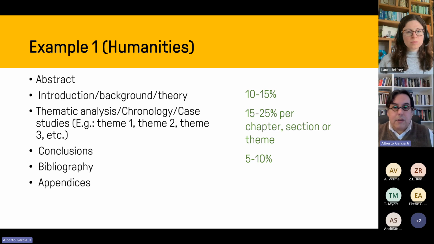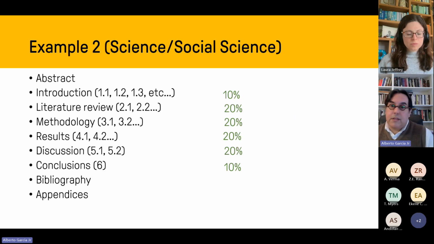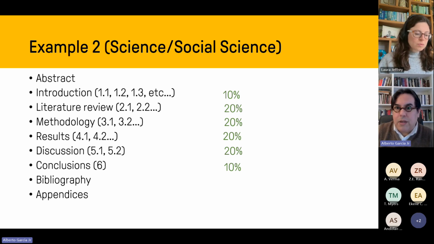Perhaps if we went over to the social sciences or the hard sciences, we see a somewhat similar but also very different structure. This is working a bit more in the lab report model: you have an abstract, an introduction, a literature review, a methodology, results, discussions, conclusions. Again, you can see the different percentages that might break down for each section of your word count.